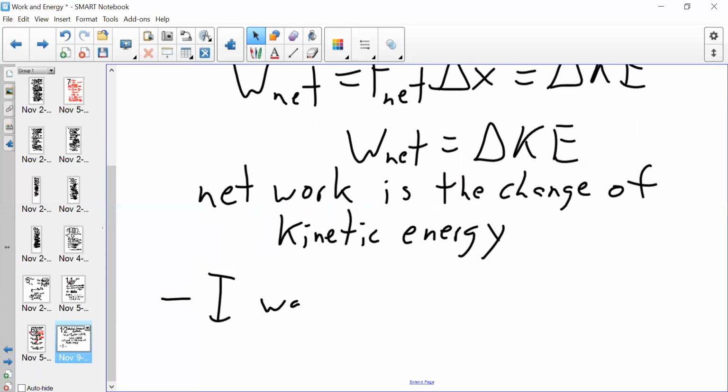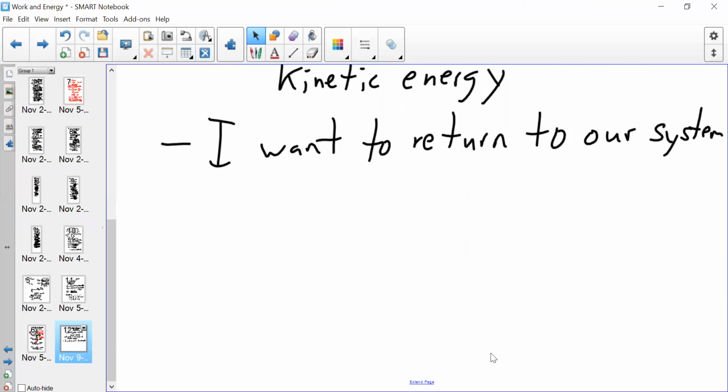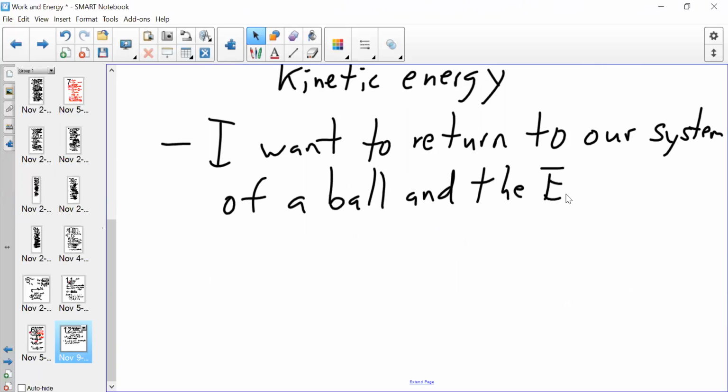So next, I want to now return to our system of a ball and the Earth, the ball-Earth system that we were talking about at the beginning of this chapter, when we were talking about how systems are typically two or more objects.